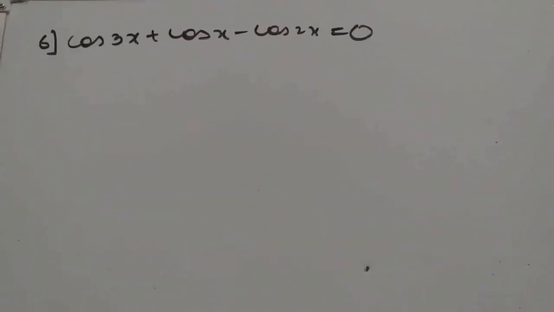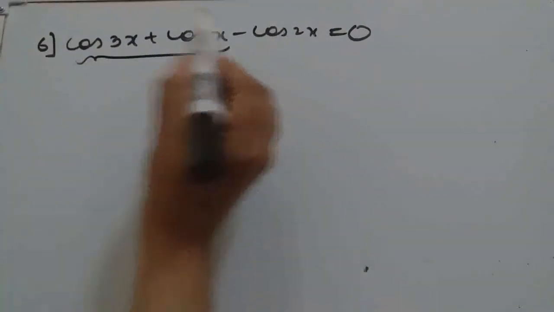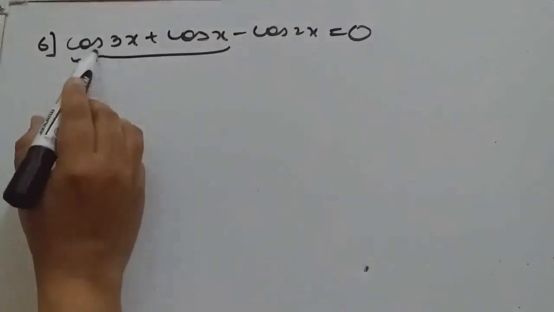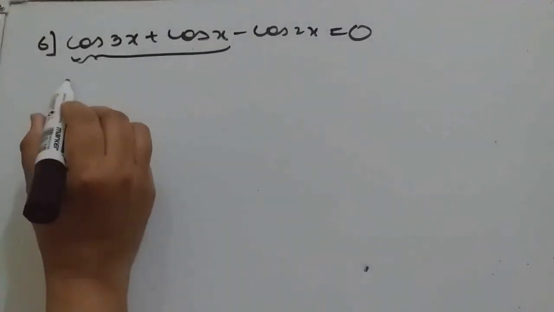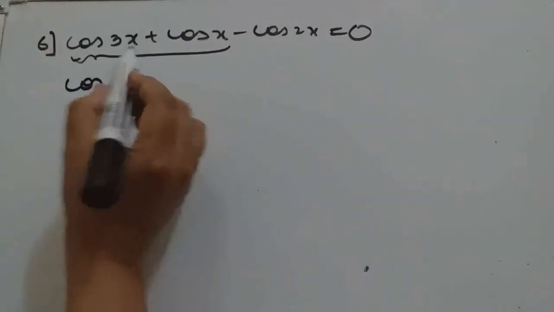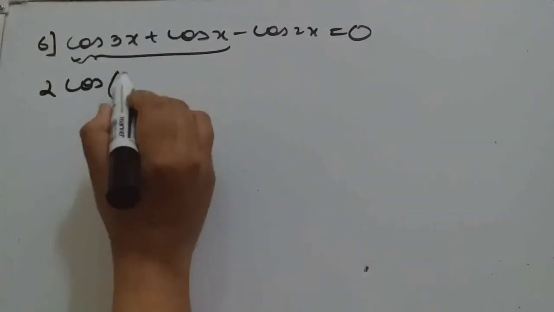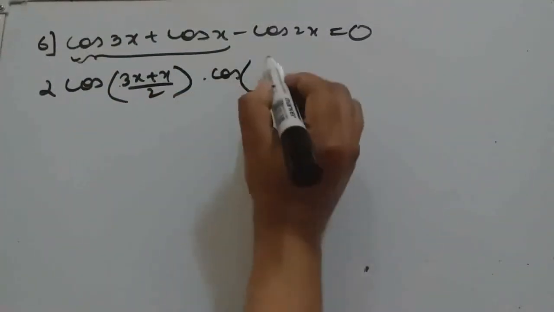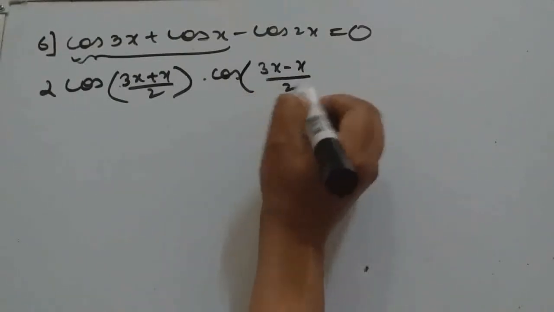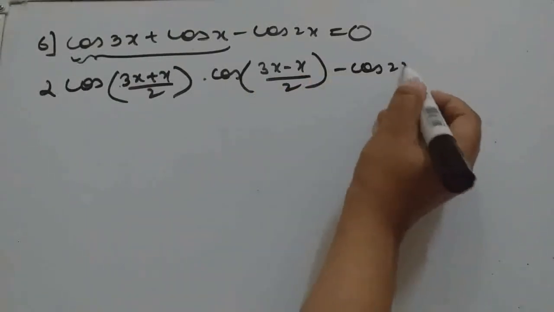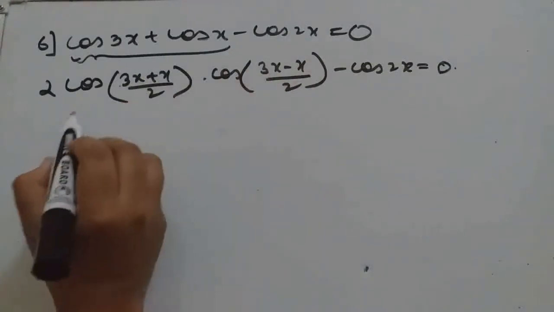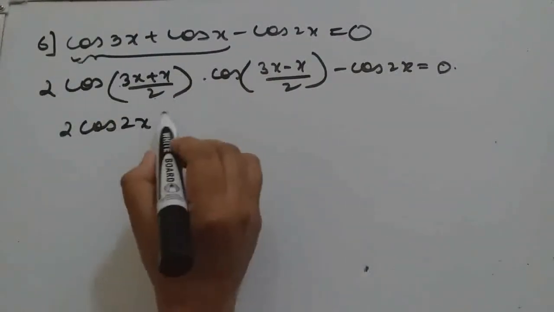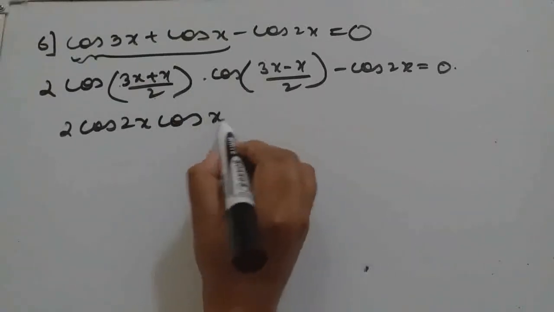For question number 6, we can apply formula in these two terms. So we will get here cos A plus cos B formula. So 2 cos of (3x plus x) by 2 into cos of (3x minus x) by 2, minus cos 2x, same. So 2 cos, see 4x by 2 means 2x, here 2x by 2 means x.